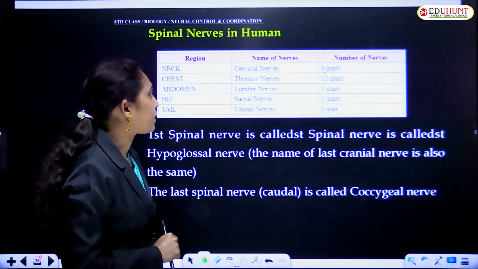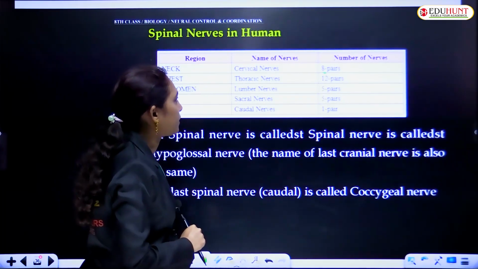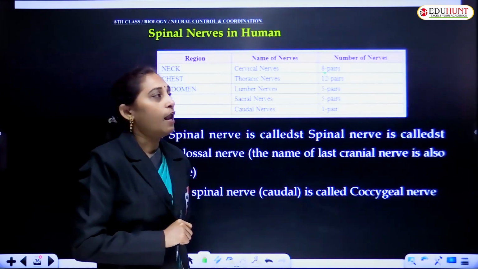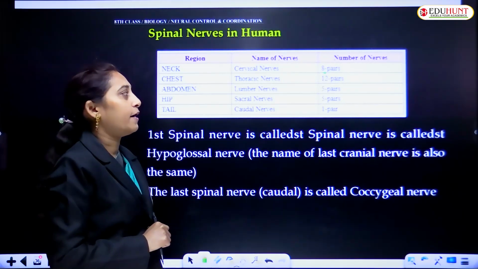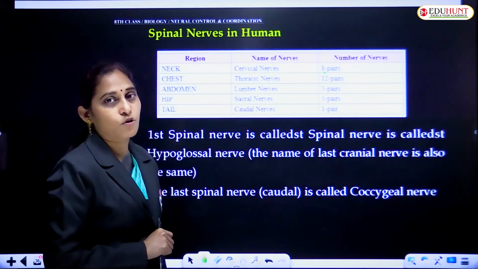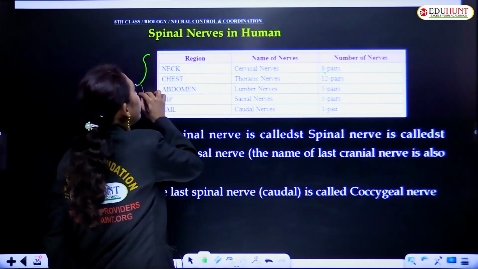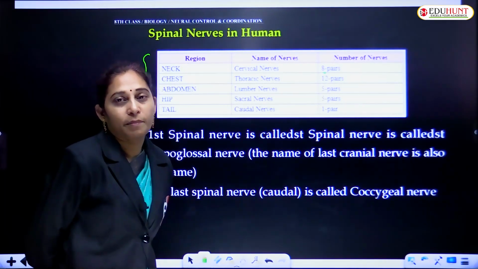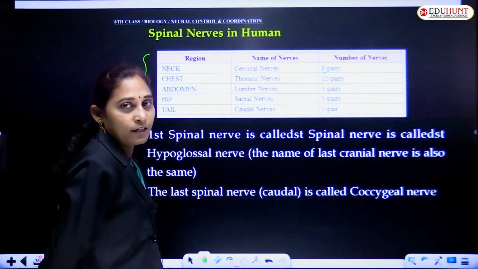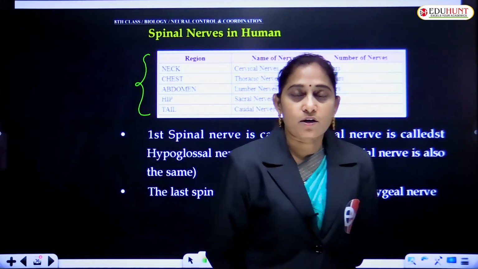What are they? Cervical nerves, 8 pairs; thoracic nerves, 12 pairs; lumbar nerves, 5 pairs; sacral nerves, 5 pairs; and the last, caudal nerves, 1 pair. So these are the various spinal nerves present from the neck to the end portion of the spinal cord.